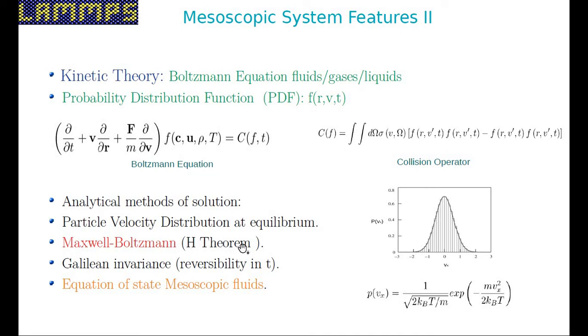So the H theorem establishes that the equilibrium solution for the Boltzmann equation is the Maxwell-Boltzmann distribution. One of the properties of the Boltzmann equation is the Galilean invariance. So there's certain reversibility in time in the Boltzmann equation.